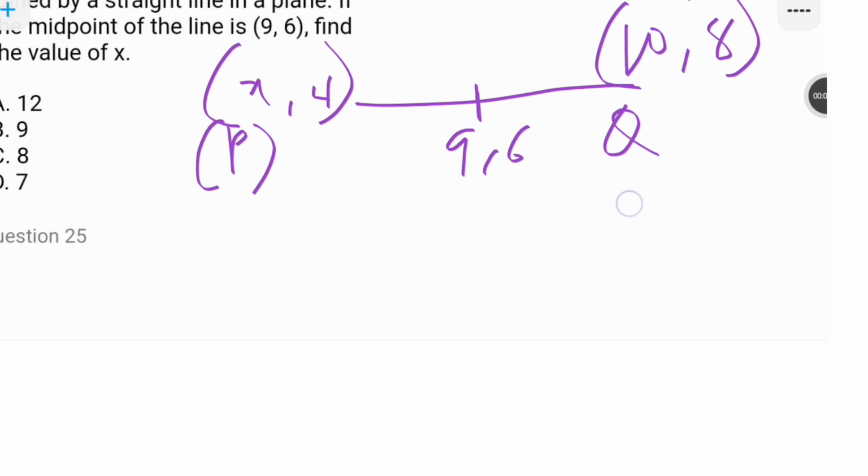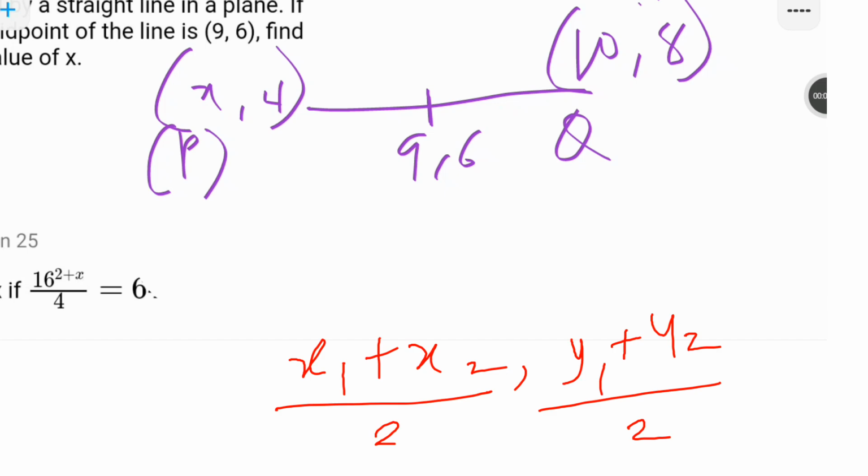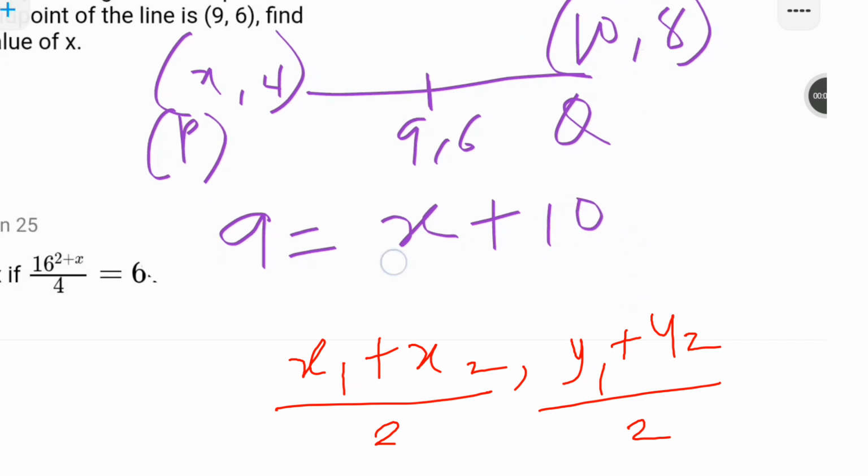So just use the midpoint formula, which is the formula shown on your screen right now. The midpoint formula is very easy to use. That's x1 plus x2. Just divide the answer by 2. So this is x here. This is the middle here of 9. So the middle will be 9 equals to, then pick your x1. This is x1. x plus, what is x2? x2 is 10. Plus 10. You're going to divide this by 2.